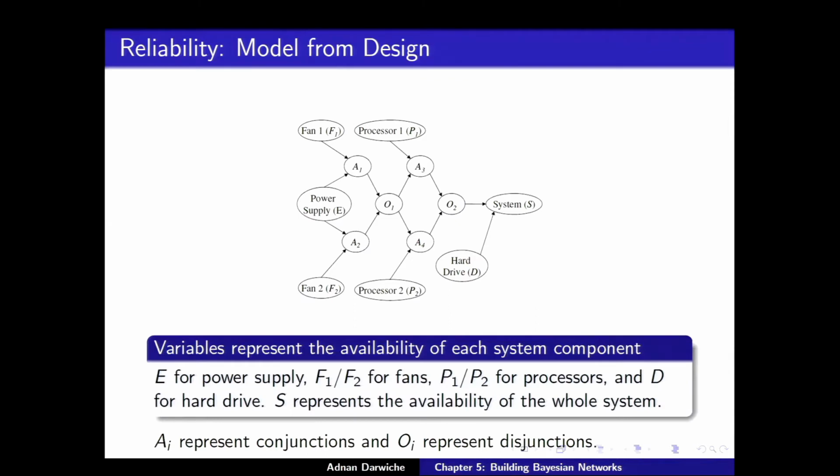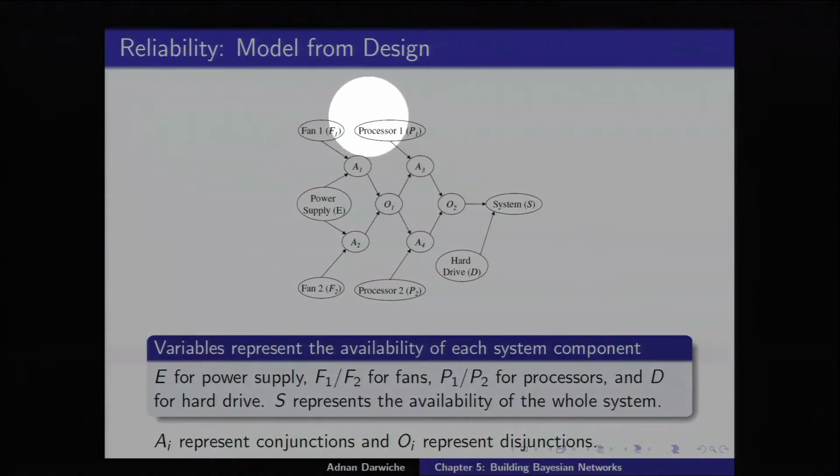Look what we get in this particular case. Here's how it looks. There are three types of nodes in this Bayesian network. There are these guys, the roots, which represent the availability of single components, right? Processor is available, fan 1 is available, power supply, and so on, hard drive. And then I have these nodes, which represent logical ANDs. They're going to be true and false.